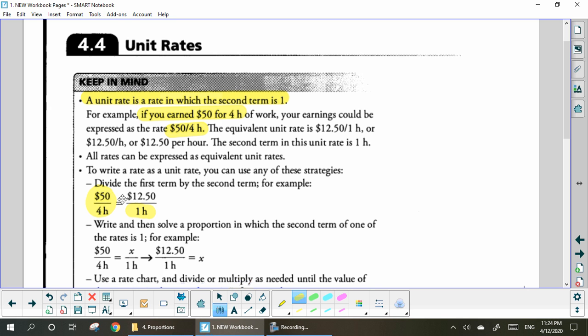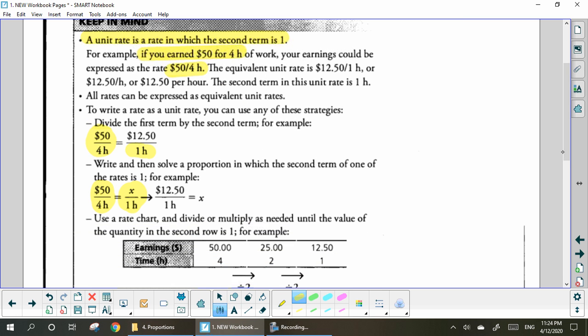In this case, it's 12.50, and that can be seen at the bottom here. If you don't remember how we calculate that, I will just do it quickly on the side. We cross multiply.